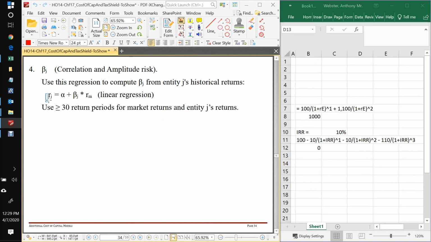The beta we get doing our linear regression exactly the same way we did in the previous chapter. We just get a bunch of 30 years worth of returns for the market represented by the S&P 500 or something, and 30 years of returns for a stock we're thinking about investing in, and we do that linear regression, and out of that pops alpha and beta.